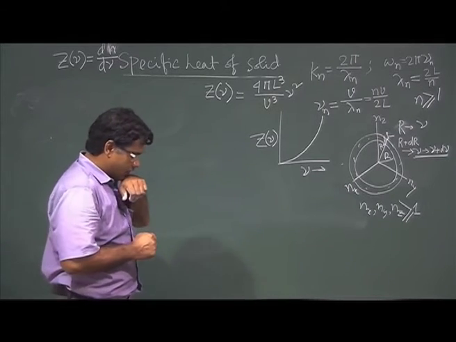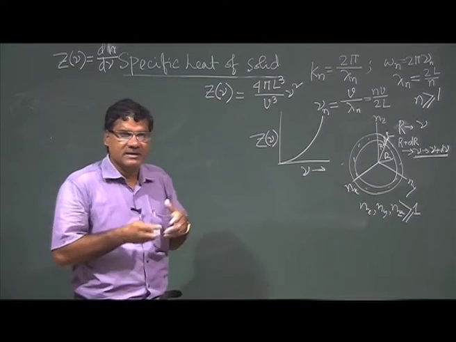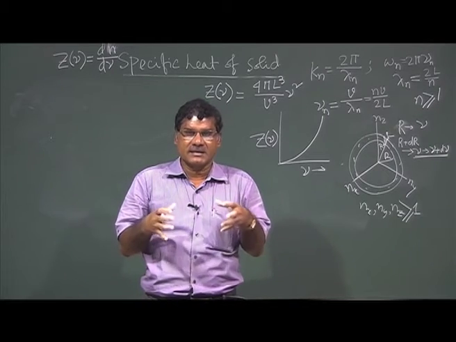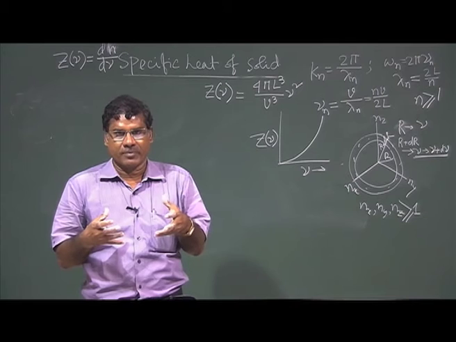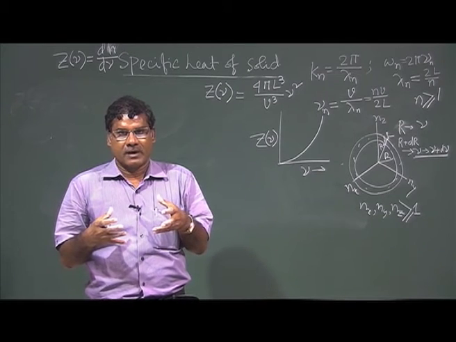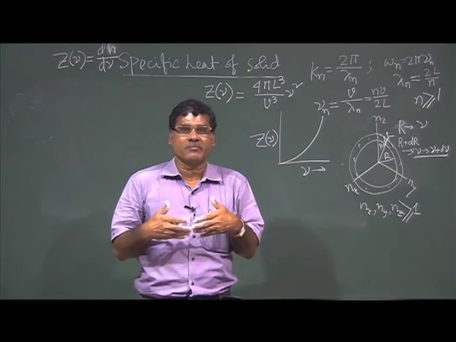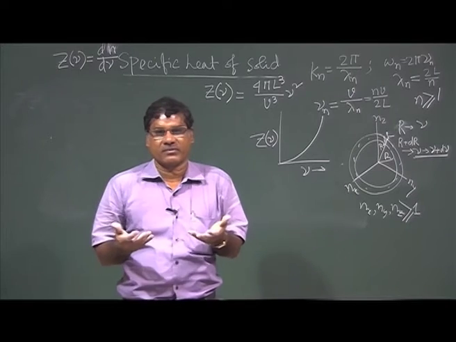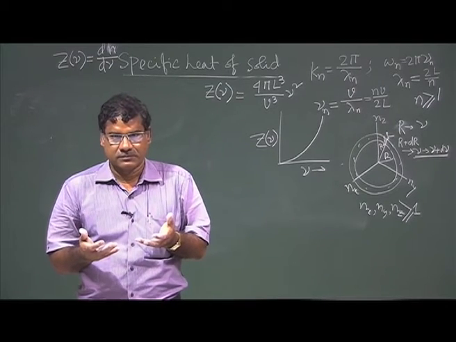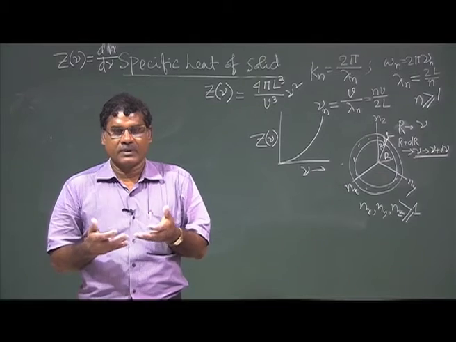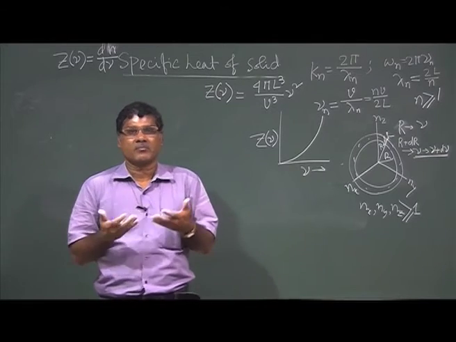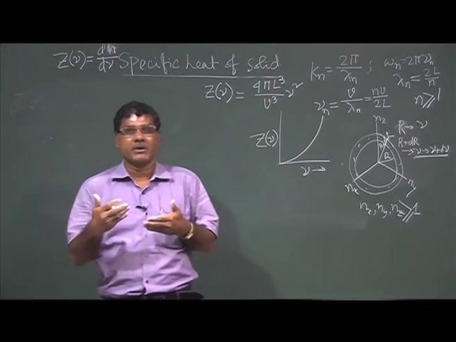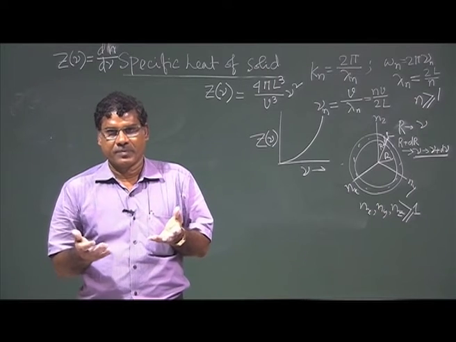Now what do I want to do? This is my solid system, which I have expressed in terms of modes of vibration. I know the density of modes as a function of frequency nu.